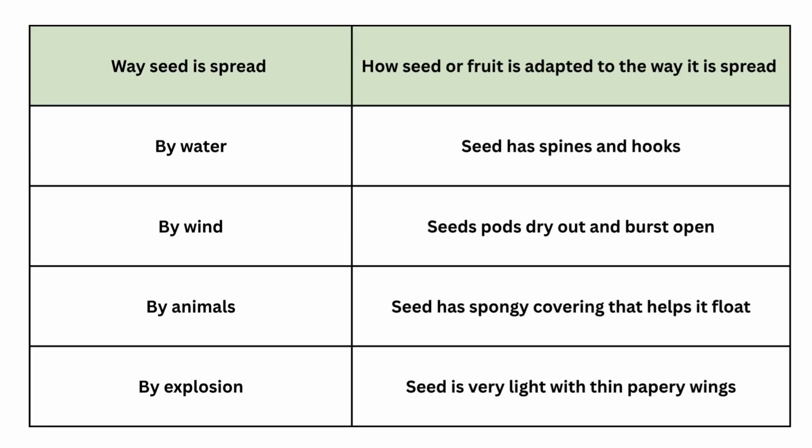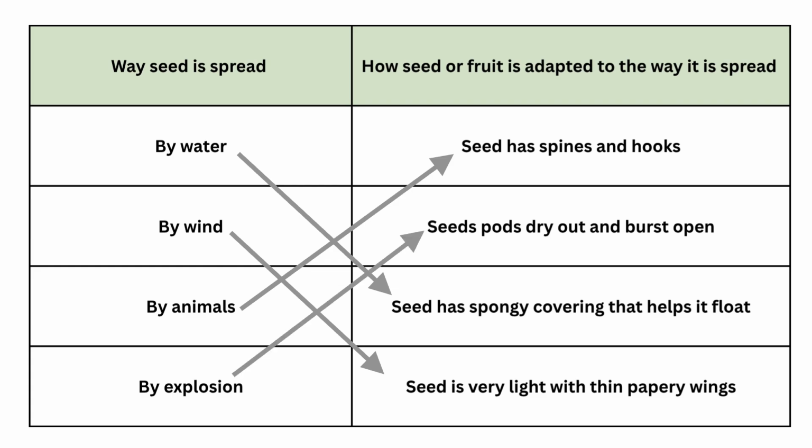By water: seed has spongy covering that helps it float. By wind: seed is very light with thin papery wings. By animals: seed has spines and hooks. By explosion: seed pods dry out and burst open.